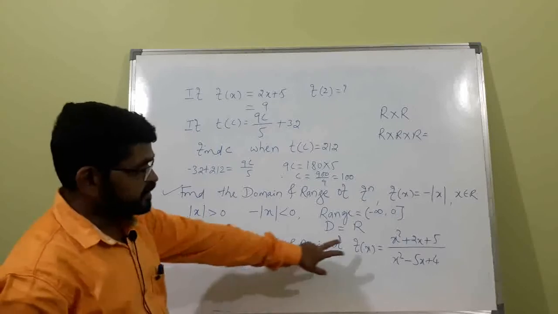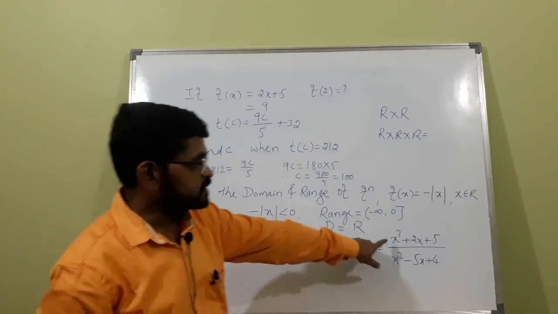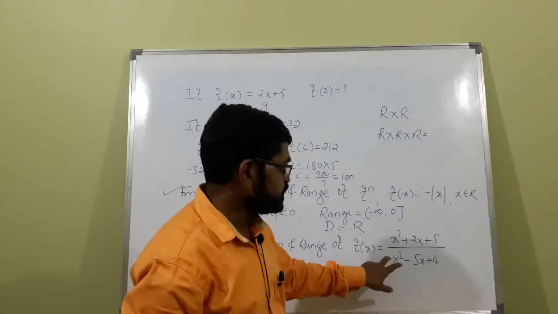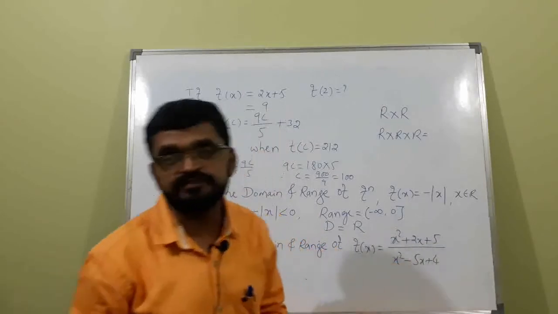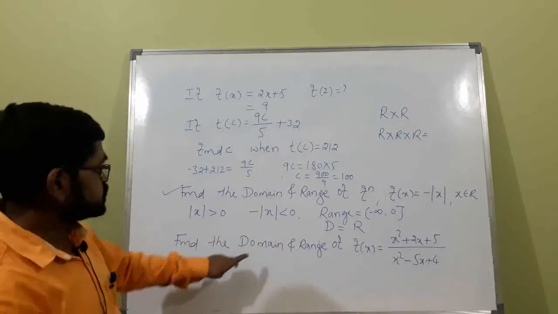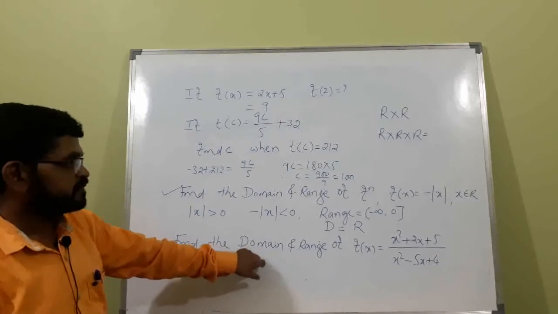Find the domain and range of the function (x square plus 2x plus 5) divided by (x square minus 5x plus 4). You are asked to find the domain and range.